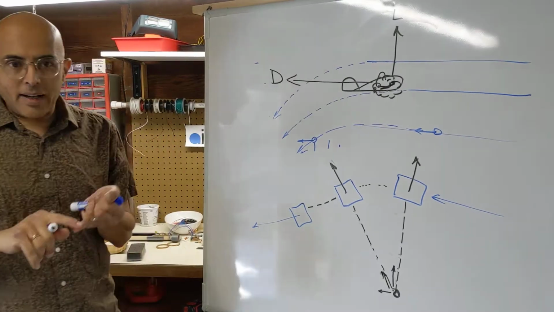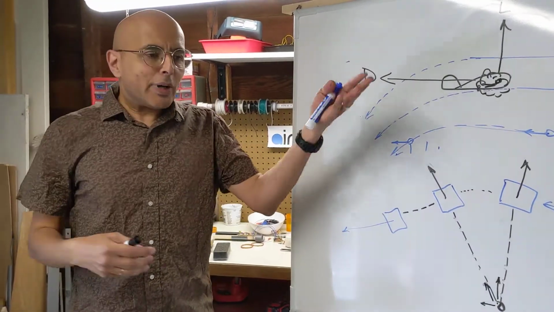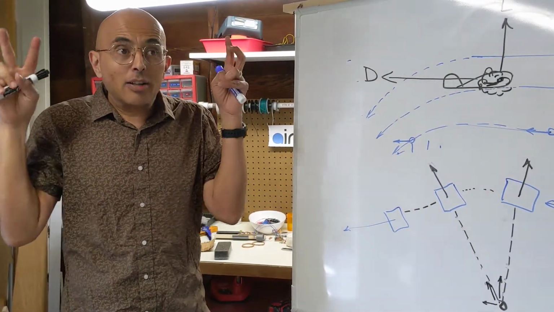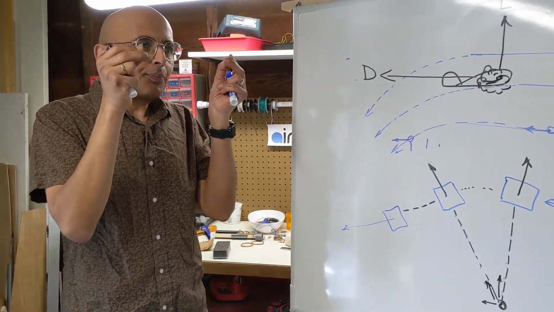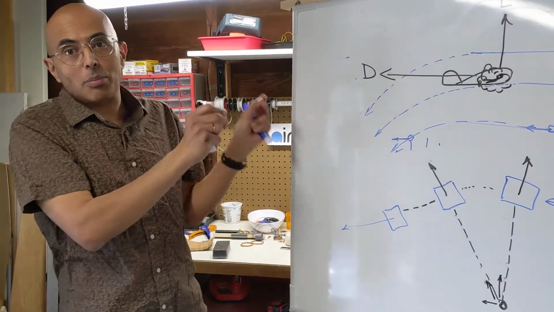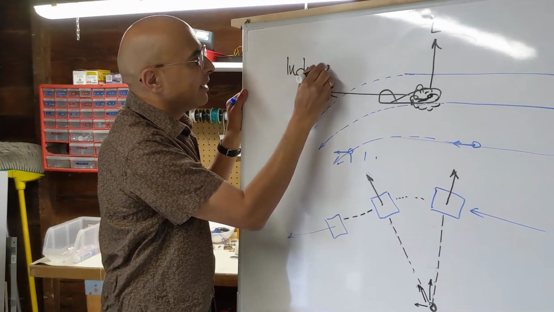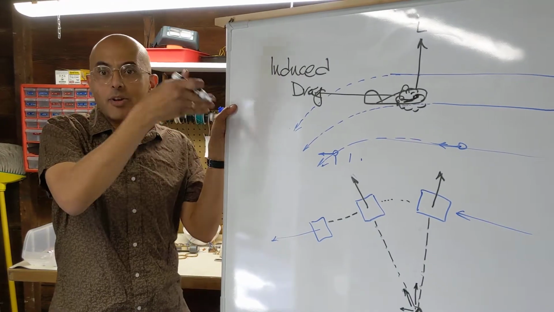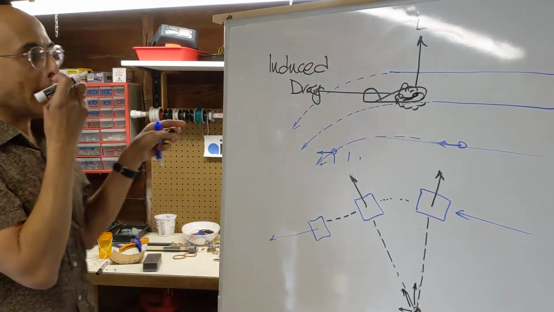This is not drag caused by inefficiencies or friction or a poorly designed airplane or this or that or the other. It's not losses. It is foundational forces that arise from any lift generating process. And this, therefore, is called induced drag. It is drag that is induced by the process of producing lift. All right?